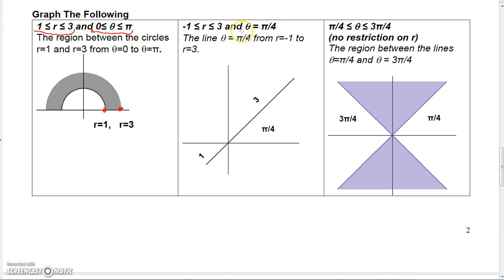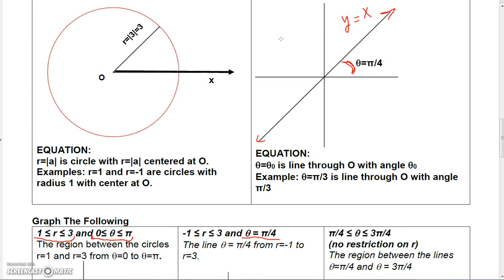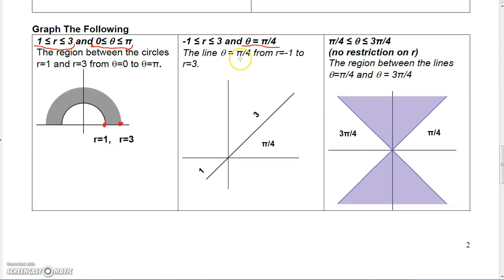Now here we're talking about the line theta equal pi over 4. Remember, up here the line went on forever in both directions. But here, if we wanted the line to only be a certain length, then we're going to go to the line theta equal pi over 4 from the radius of -1 to r equal 3.